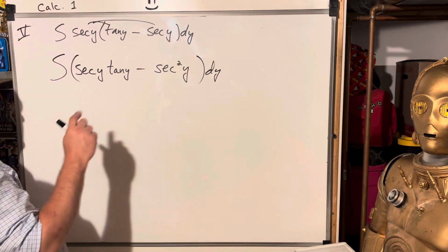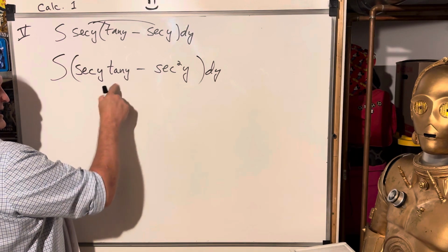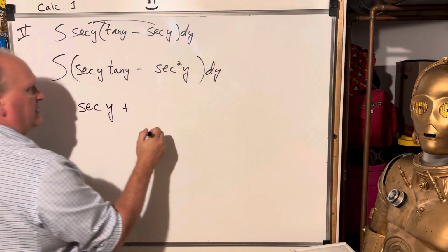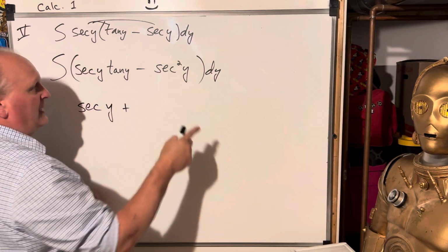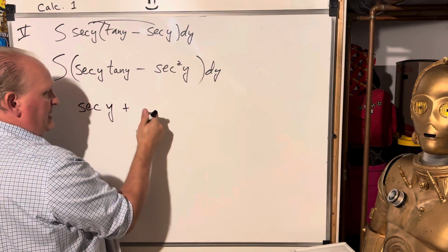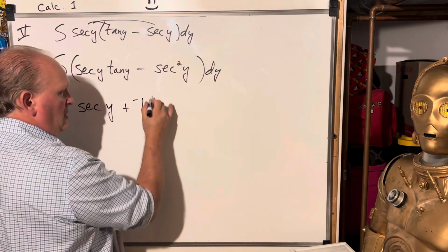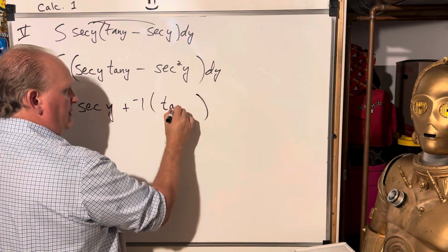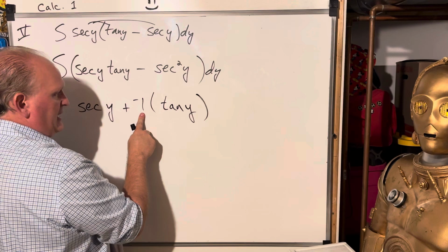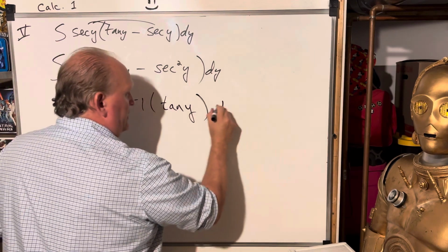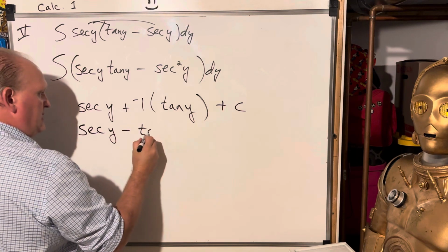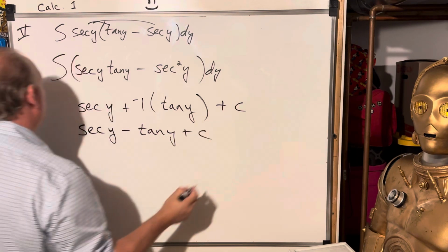If I take the derivative of secant, I get secant tangent. If I take the derivative of tangent, I get secant squared, but there's a negative on it, so we can just have a negative 1 along for the ride. And the derivative of tangent is secant, but then there's a negative 1 there, plus c. And then we'll just clean it up: secant y minus tangent y plus c.